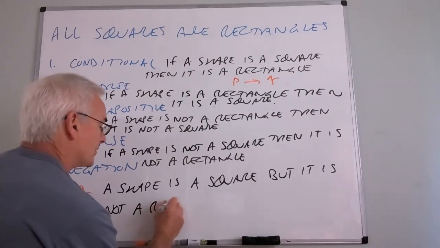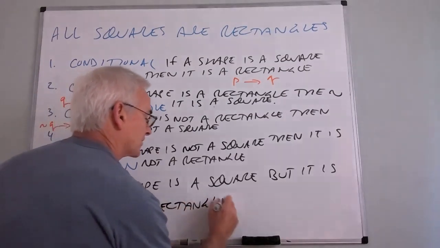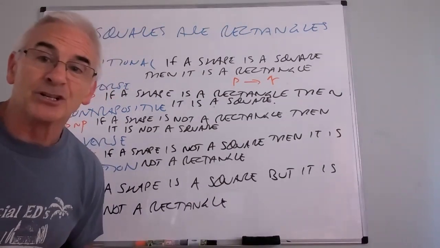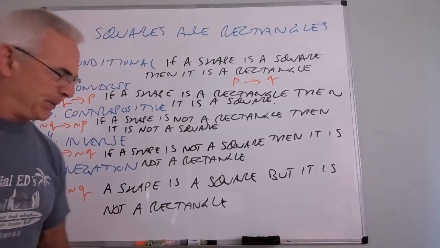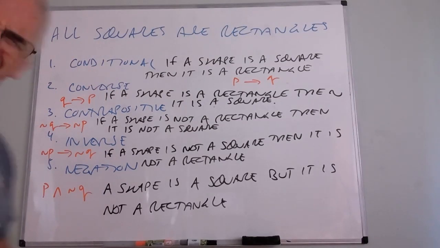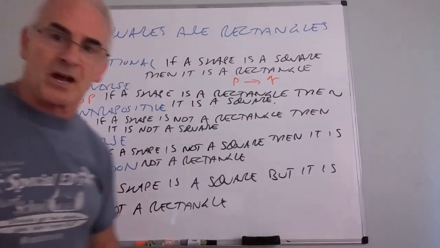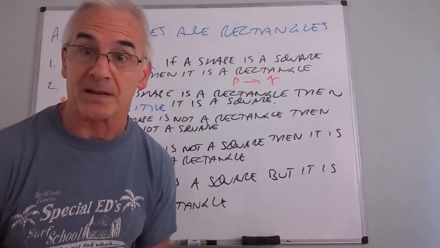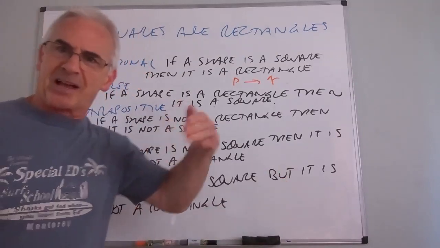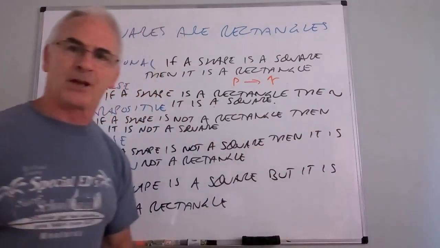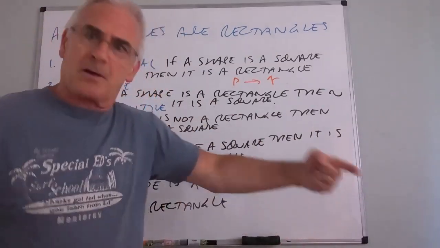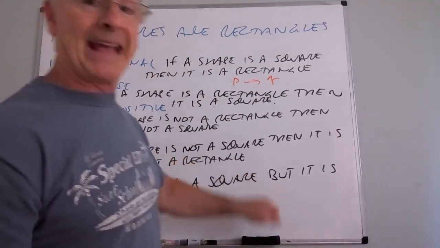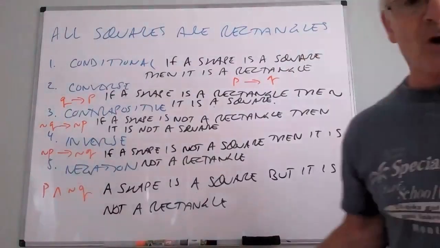I want you to make sure you understand that, because the formal logic says and. But in the English language, I have a shape, it's a square, but it isn't a rectangle. You wouldn't say I have a shape that is square and it's not a rectangle, though that is absolutely a correct statement. The but emphasizes the fact that something just failed: it is not a rectangle and it was supposed to be a rectangle. So you could use the word and here, and it would not change the meaning at all. In this context, but and and are the same thing.